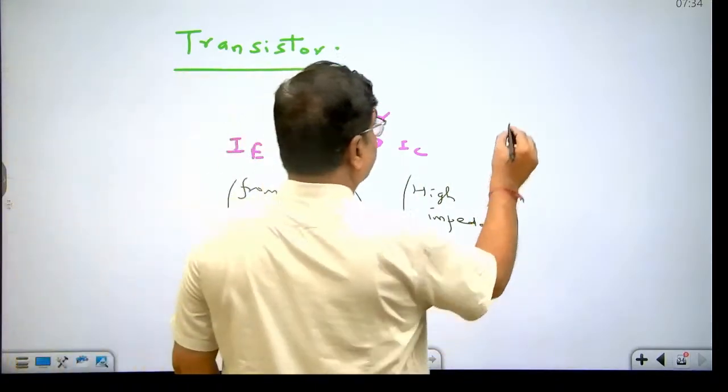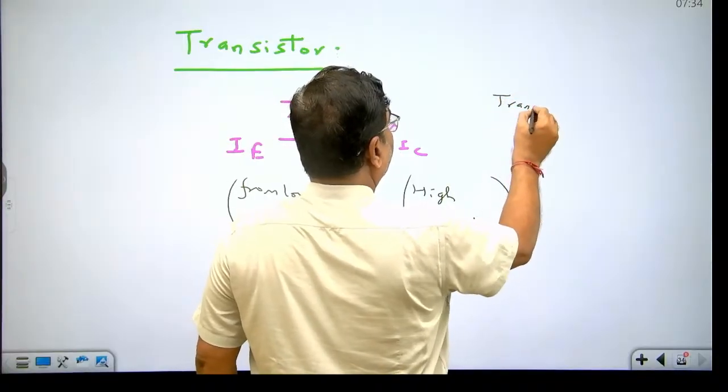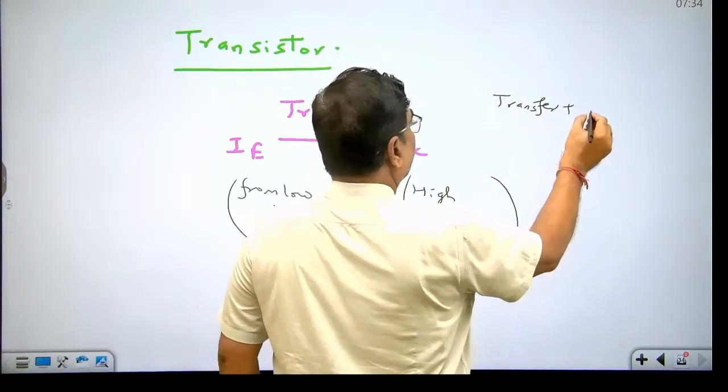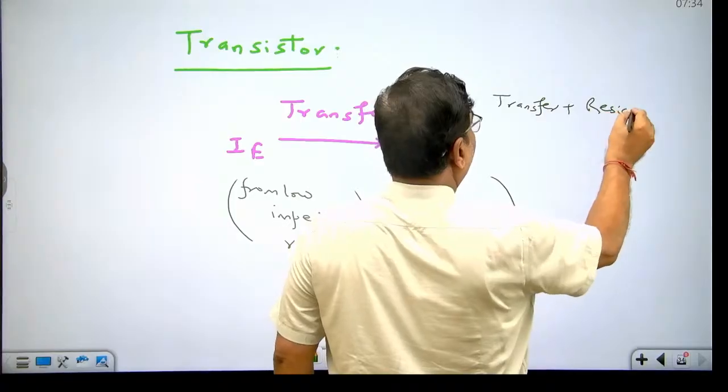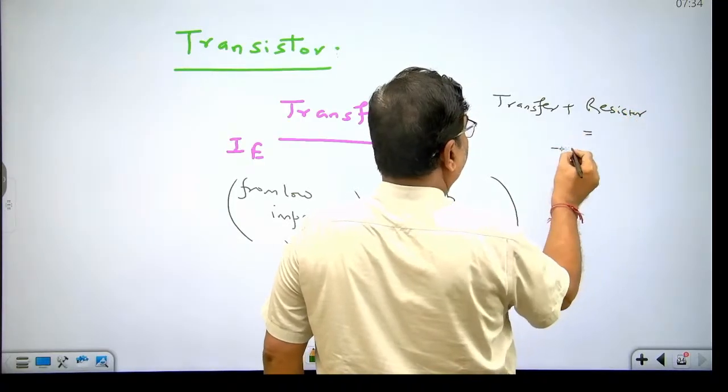Transfer plus resistor equals transistor.